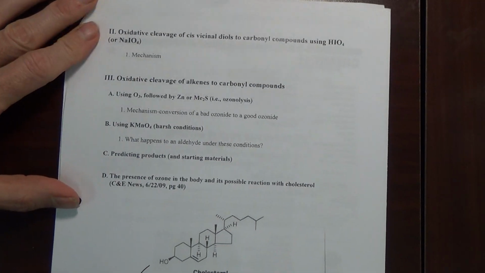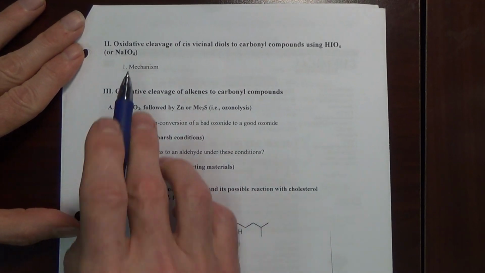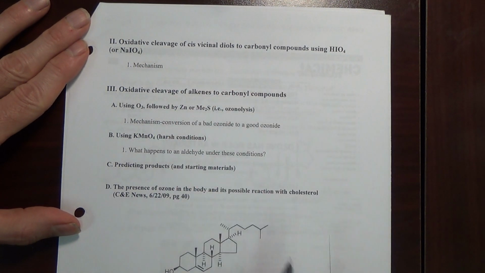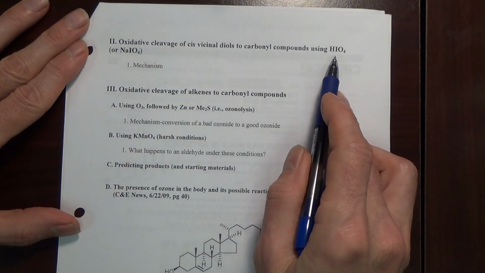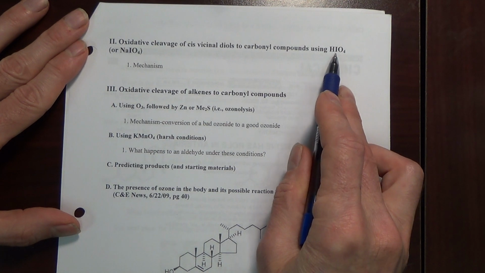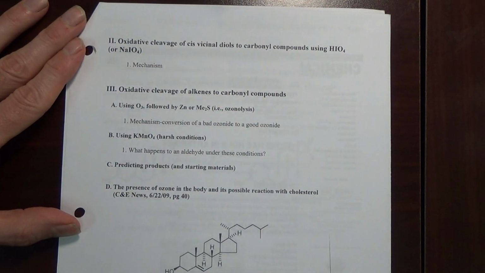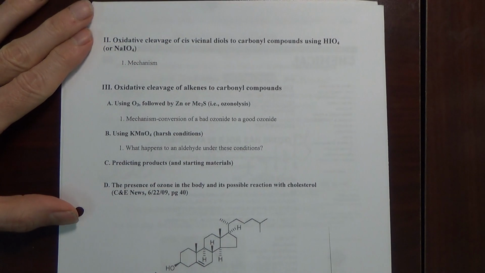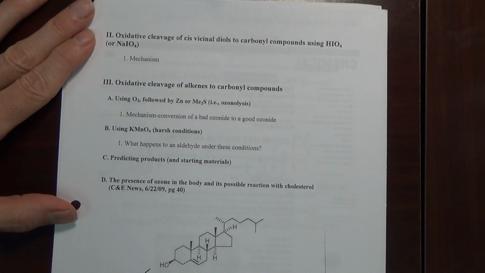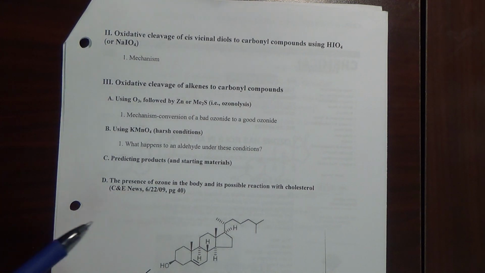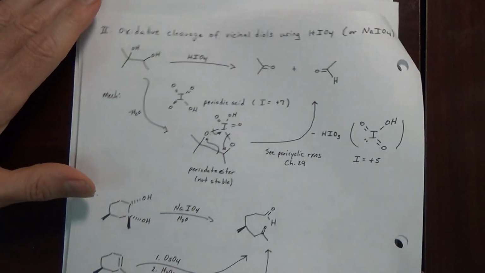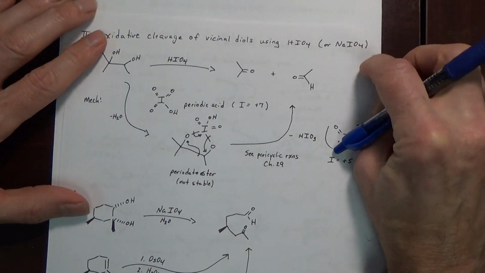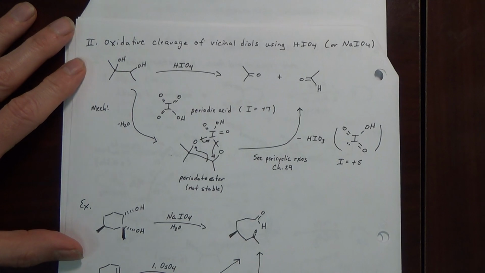Okay, Roman numeral 2. Oxidative cleavage of cis-vicinal diols, the compounds we just made, to carbonyl compounds using periodic acid or sodium periodate. That's shown here.